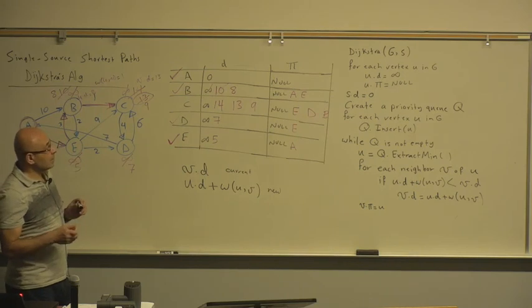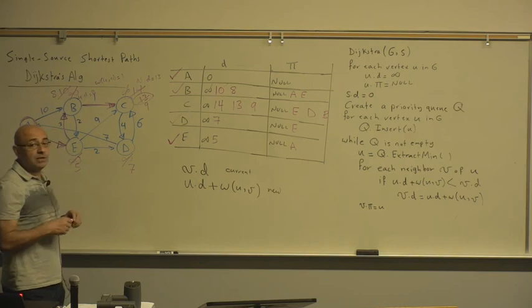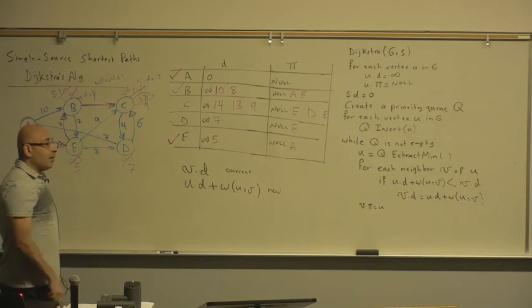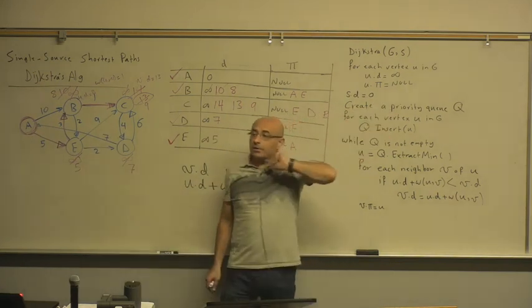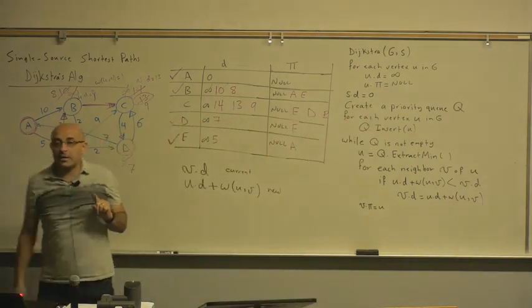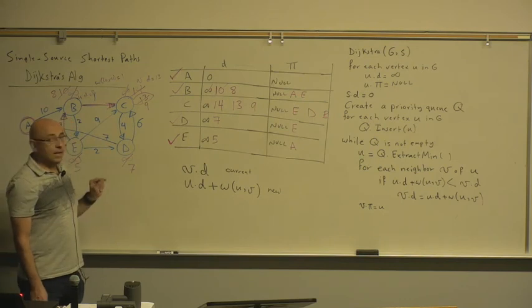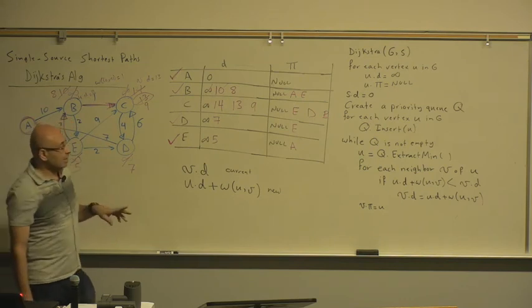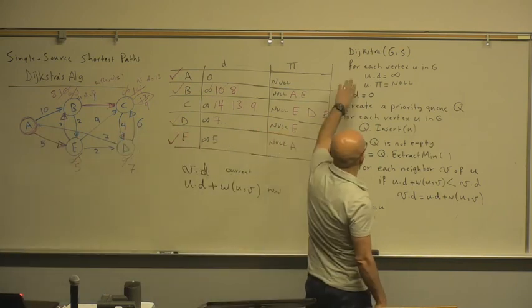Now, what's the running time of the algorithm? Now we have to be careful because the operations here, we're using a priority queue, and the priority queue operations are not constant time operations. In fact, they depend on the implementation of the priority queue.